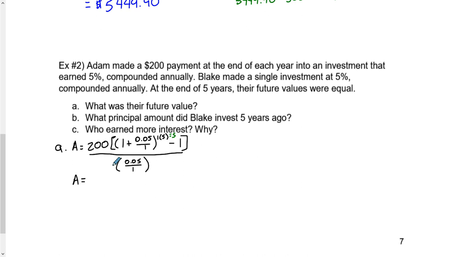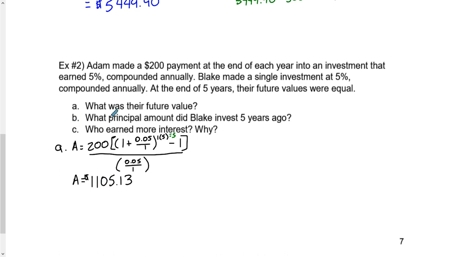Adam's future value, as I type in my calculator, comes out as $1,105.13.